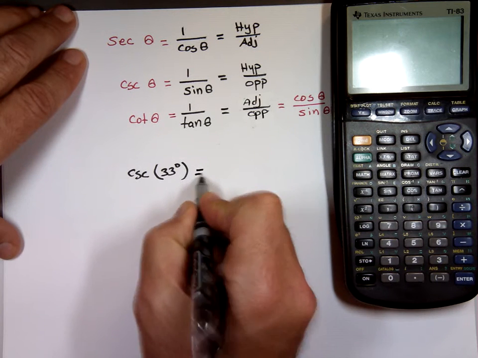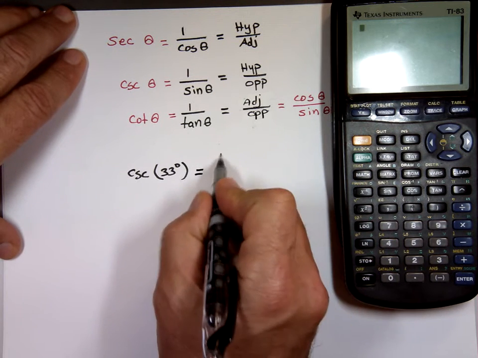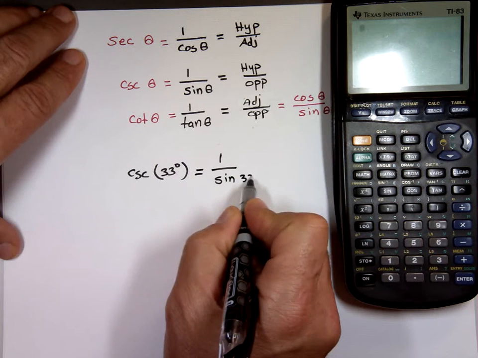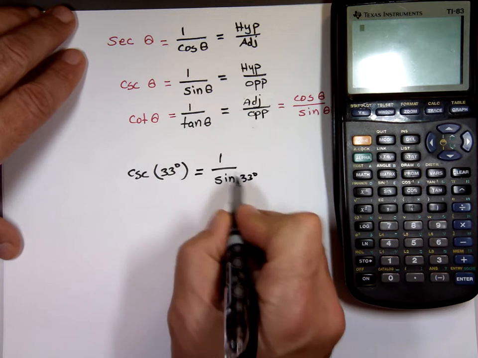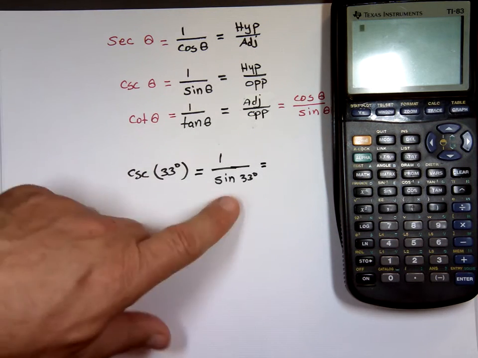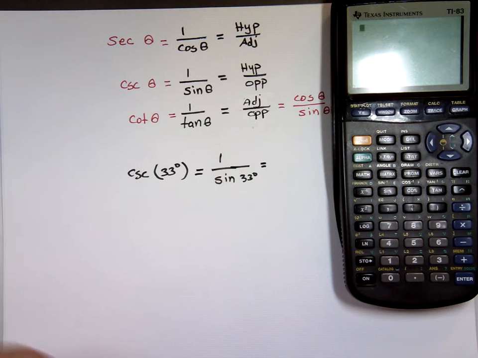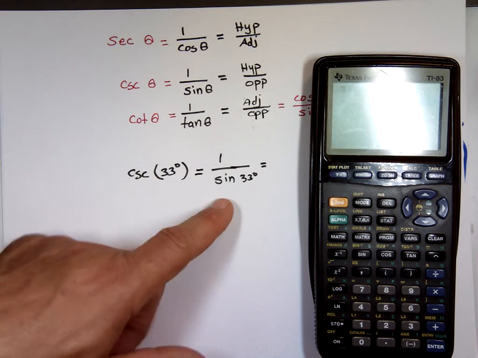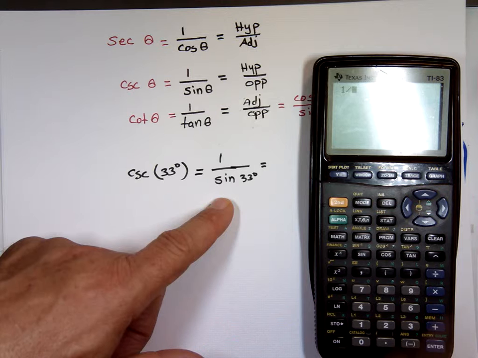Cosecant is 1 over sine 33 degrees. If you have one of those small calculators, you have to do the sine first, then do 1 over that. You can't do both in one shot. If you got the ones for like $5, $3. But most scientific calculators, you can type the whole thing in one shot.